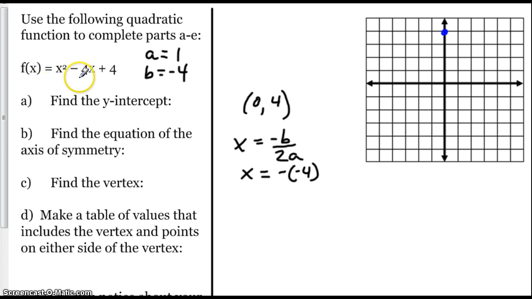Our b is our number in front of x, and then c is our constant. So to find our axis of symmetry, we simplify this equation. Negative times -4, -1 times -4 would be 4, and then 2 times 1 is 2. So our axis of symmetry is x equals 2.